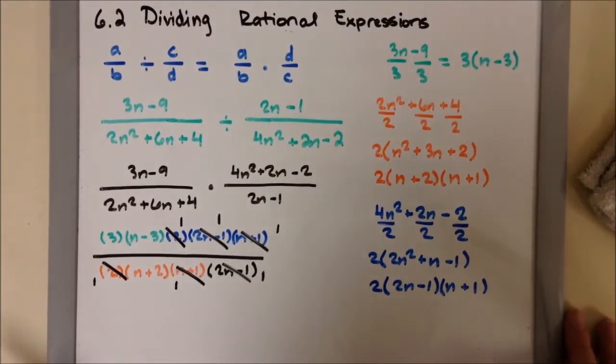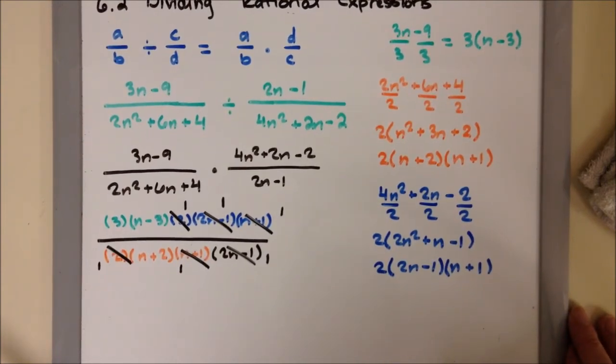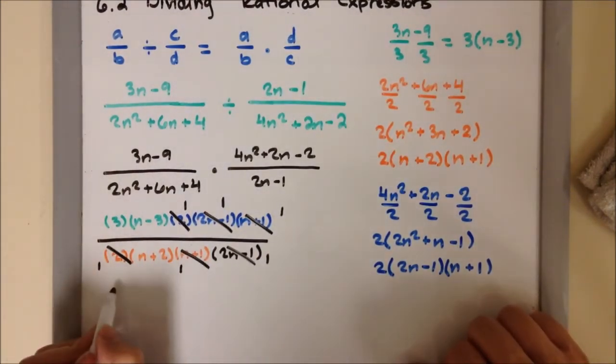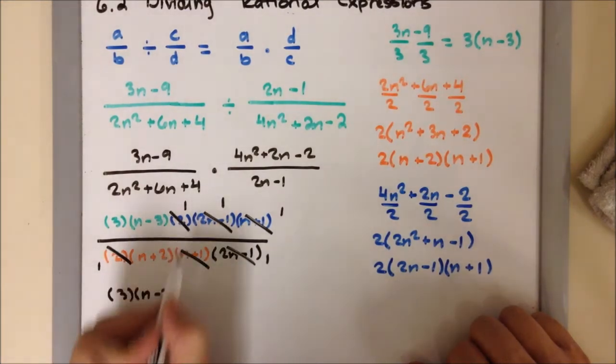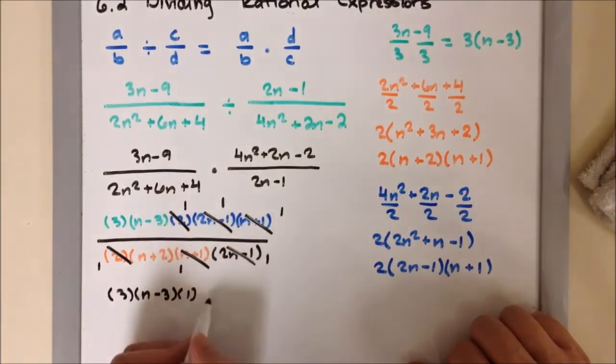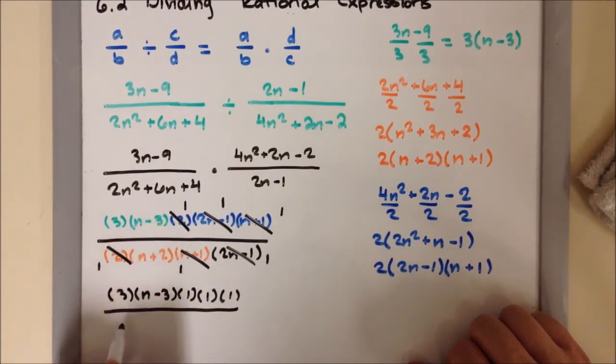So what we have here is, I'm going to write the ones I crossed out that became 1. We have 3 times n minus 3 times 1 times 1 times 1 over 1 times n plus 2 times 1 and times 1.